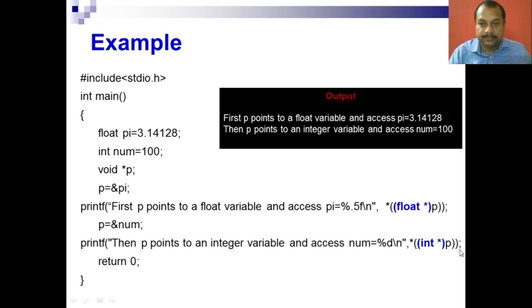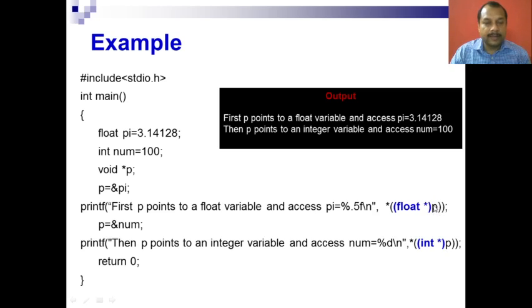It will not complain. So in that way you can consider void star p as kind of fresh water, without any color, without any odor. But if you add some color, then its color will change. If you add some odor, then its odor will change. But this is not a correct example, because after changing that, it is a permanent change in the case of water. But in this case, again it will come back. So again it will be void, because the typecast is done for the usage but not on the variable.